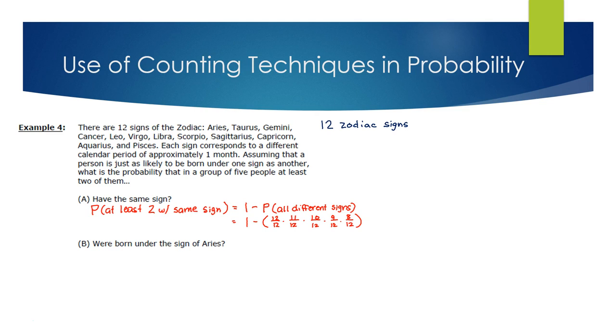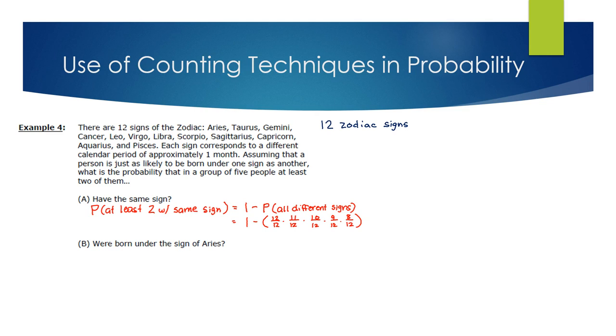Now, for the next person to have a different sign, the probability is 11 out of 12. There are still 12 zodiac signs, they're not exhausted, but now there are only 11 from which to choose for that next person. So there's an 11 out of 12 chance that the next person has a sign different from the person before them.